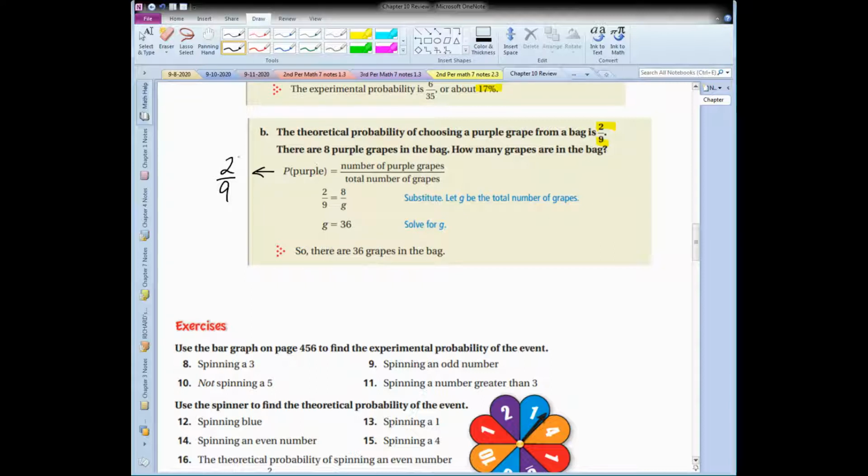Well, this probability is also a ratio of 2 to 9, so there are 2 purple grapes to 9 total grapes. That's why you see the proportion we put together here. You can figure out how to go from 2 to 8: just multiply by 4. So you multiply 9 by 4, and you get 36.